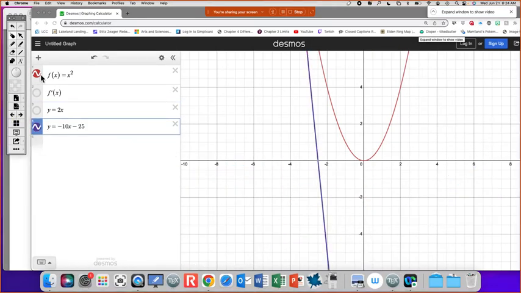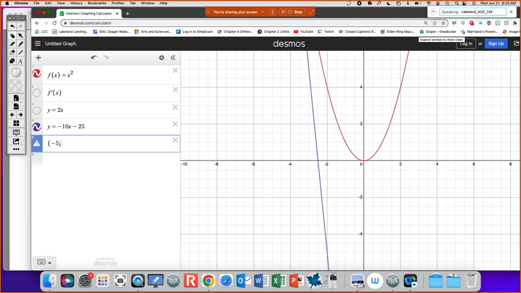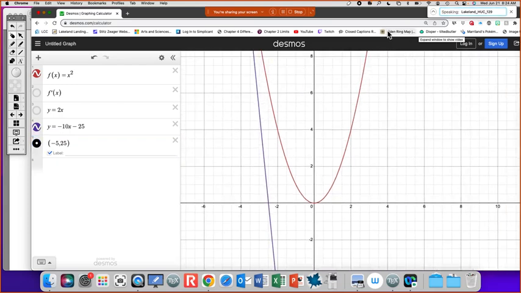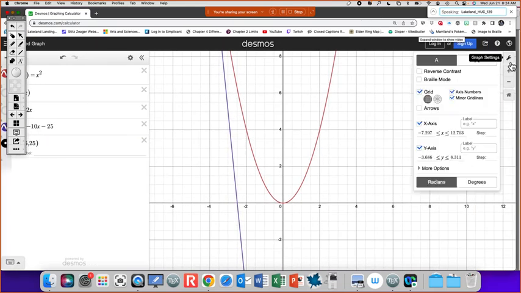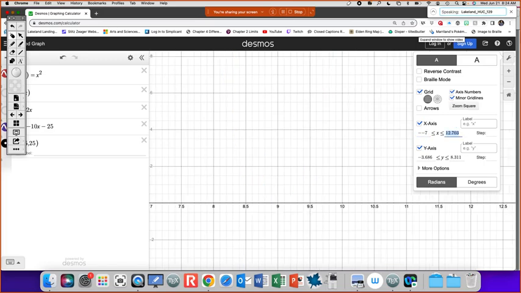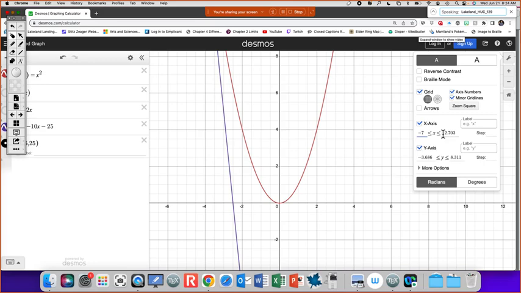Yeah. Okay. Now, looking at the function, when I plugged in negative 5, I got out 25, so that's the point I'm looking at. So I need to adjust my window here and go over to the wrench. I only care about what's going on near negative 5, so I don't know, like negative 7 to negative 3 or something.